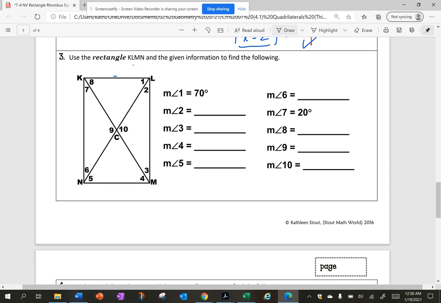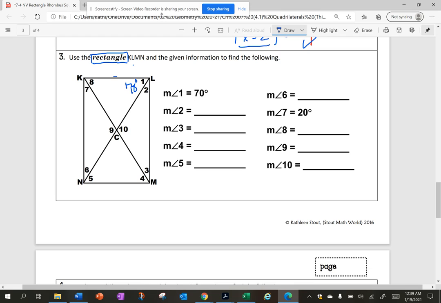All right, next question. Use the rectangle KLMN and the given information to find the following. Okay, so I'm going to start out with the measure of angle 1 is 70 degrees. I know I'm talking about a right triangle in my rectangle.